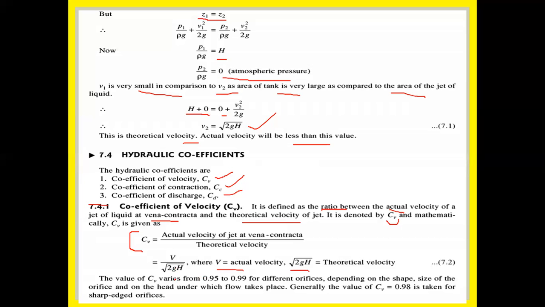Whenever you get problems, the value of CV varies between 0.95 to 0.99 for different orifices, depending upon the shape, size, and nature of the head under which flow takes place. Generally CV is equal to 0.98 for sharp edge orifices.